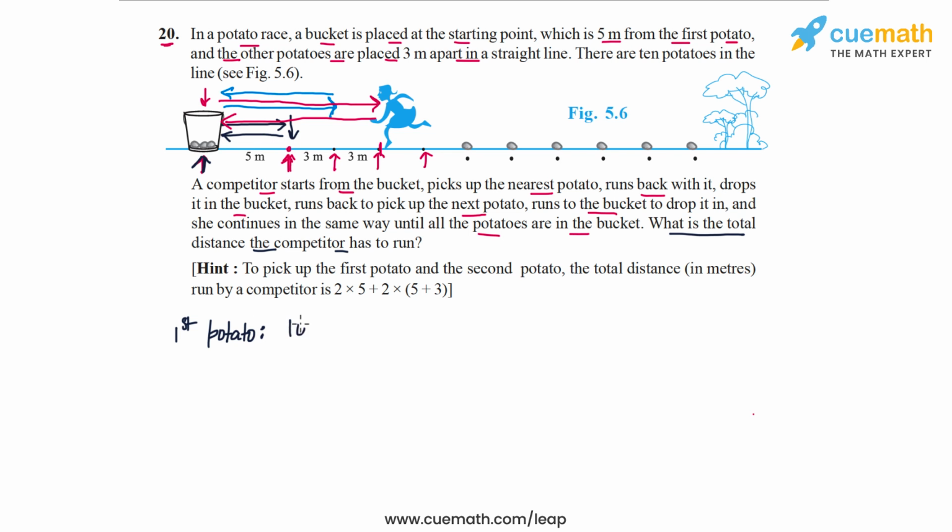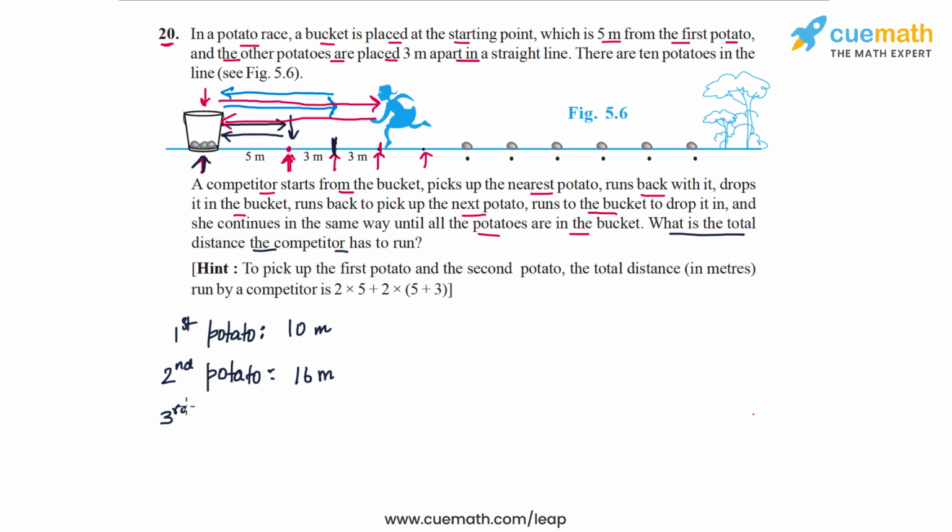So that's 10 meters to bring the potato back into the bucket. Then for the second potato, she has to run 5 plus 3 meters one way to come till this position and then back 5 plus 3 meters. So 8 plus 8 or 16 meters to pick up and put the second potato into the bucket.